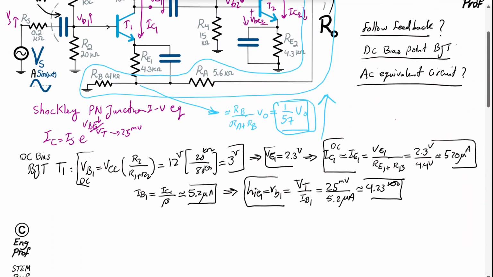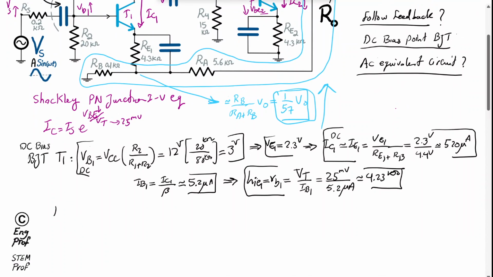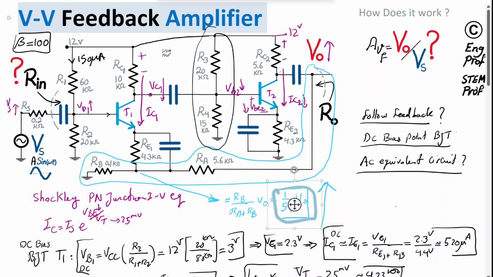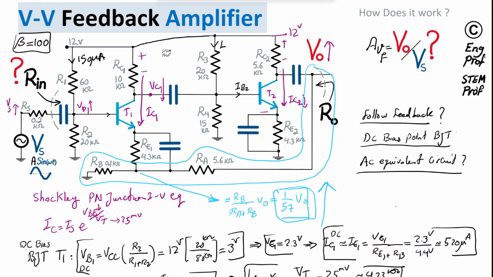So that's the AC parameter that I wanted to have. Okay, so that's one thing. Let's do the same thing for transistor T2, again the DC bias of the second stage, same idea. For the voltage of the base of transistor 2, we make the assumption that the DC base current of transistor 2 is going to be negligible compared to the current that is going through the series of R3 and R4.